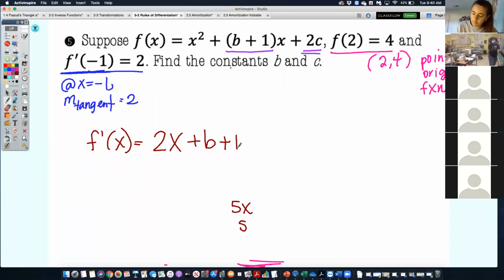Just the constant that's left over. Lastly, what's the derivative of any constant? 0. So the derivative of that 2c is just 0. So this is what you have to represent the derivative of f of x. Okay?